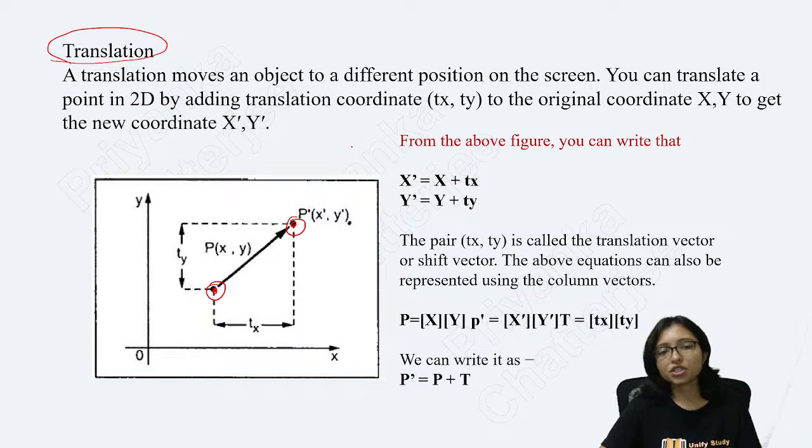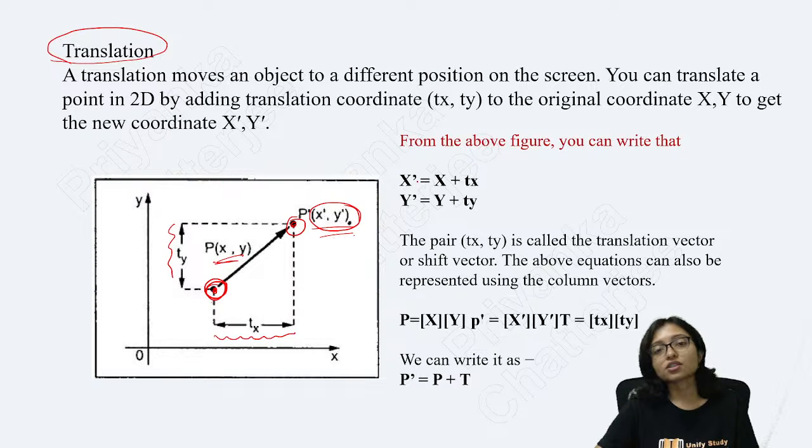Whenever the position is shifting, wherever the coordinate was x, y and you are shifting to x dash, y dash, I can calculate how much transformation is done on the x axis and how much on the y axis.